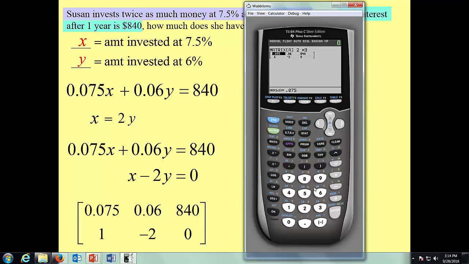Get all of those typed properly. Second, quit, and RREF. Because of the pattern of ones and zeros, top number is x, bottom number is y. So x is 8,000 and y is 4,000.